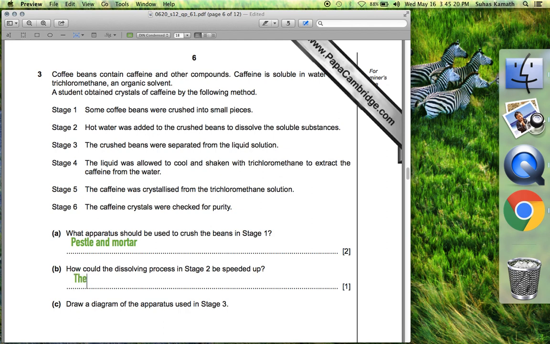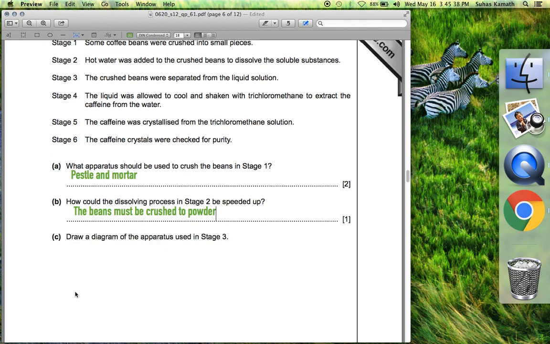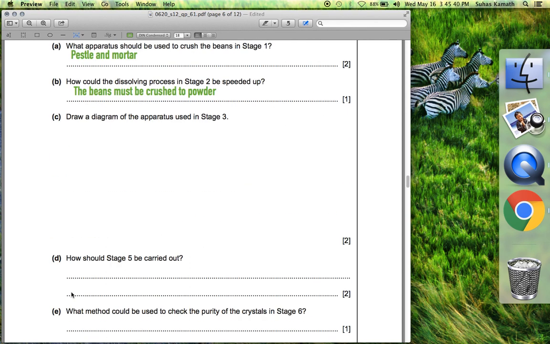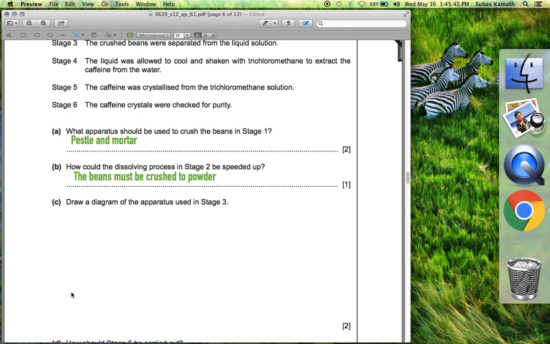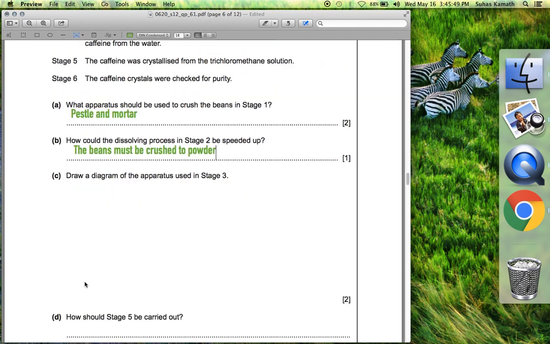The beans must be crushed to a powder, that is better. Draw a diagram of the apparatus used in stage 3. You can draw a filter funnel and filter paper, and it's quite simple.